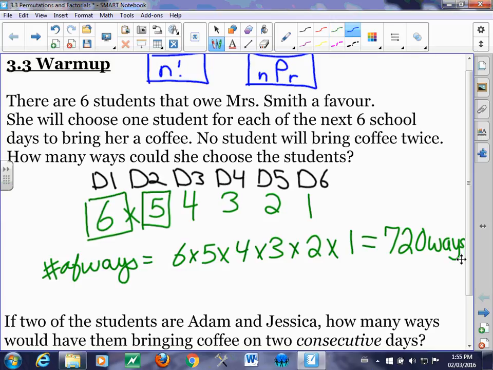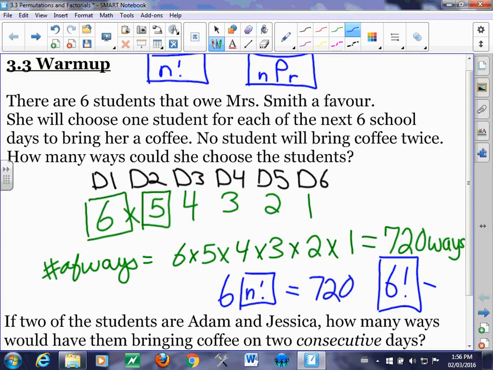If you press 6 and then the factorial button, it should equal 720. Let me just double check on my calculator. So if I press 6, factorial, which gives you an exclamation mark, it would look like this in your calculator when you're typing it in, and it'll equal 720. I will show you how to press those buttons later, but it's just a shortcut.